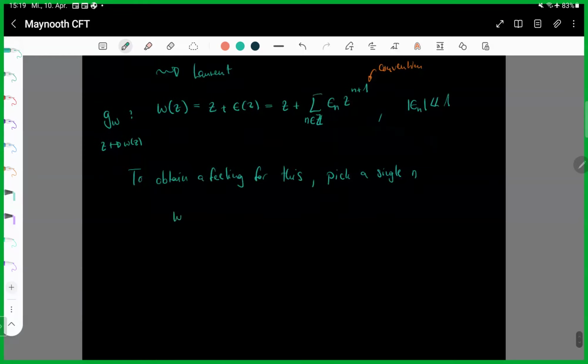That means now I'm going to take a function, with a subscript n, which is just w_n(z) = z + epsilon_n z^(n+1).